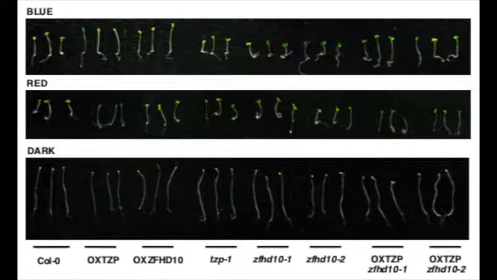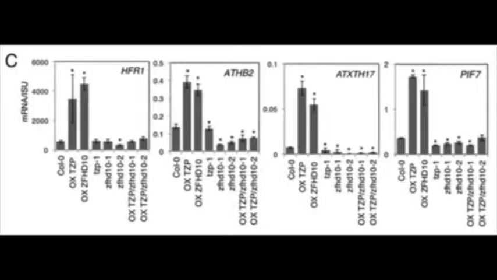Initially, we didn't have a TZP knockout, at least in Columbia, so that was one of the challenges we faced. But eventually, we could find a T-DNA line, a SALK line, that was released recently, and we could see the opposite phenotype. Both the TZP knockout and the zinc-finger homeodomain mutant show a shorter hypocotyl phenotype in response to blue light, and when you overexpress them, you have longer hypocotyls.